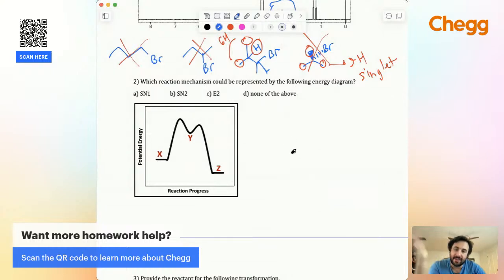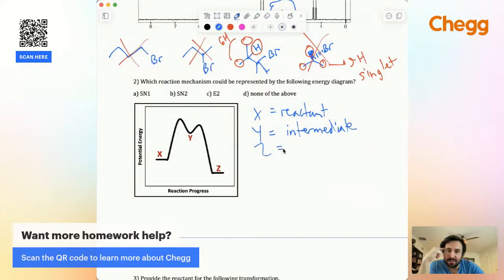So, let's look at this here. X is the reactant. Y is, what do we call that? That is an intermediate. And Z is the product.